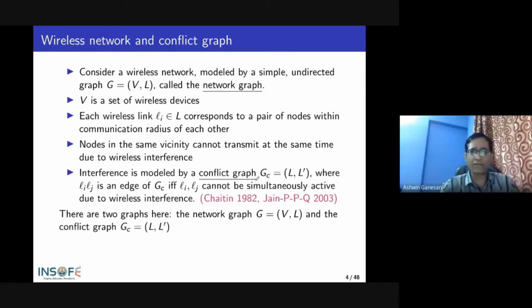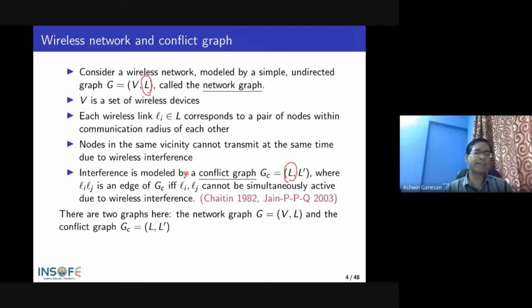So you have a conflict graph whose vertex set is L, which is the same as the set of links L in the network graph. Two links in the network graph are adjacent vertices in the conflict graph if and only if they interfere with each other.